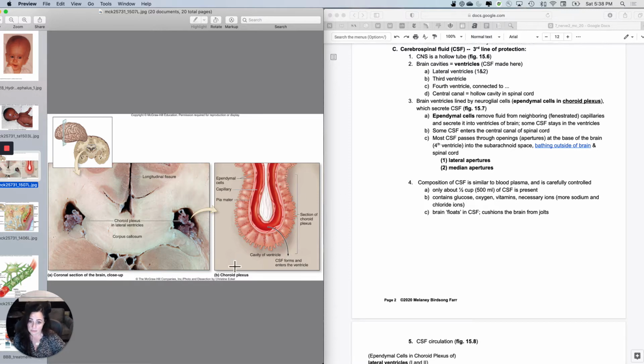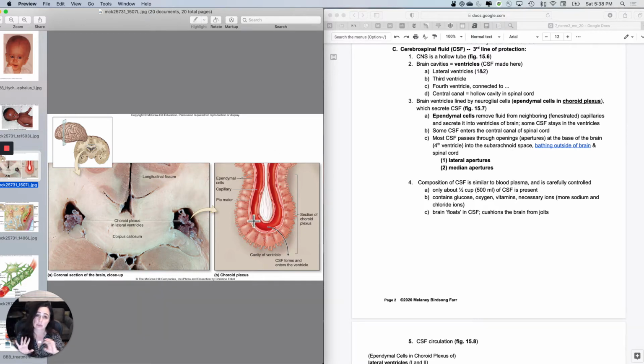So if this portion right here was a ventricle, and this is a coronal section of the brain, and you're actually seeing some ventricles right there. If this was a ventricle, then these ependymal cells will snuggle up to a capillary in the brain.